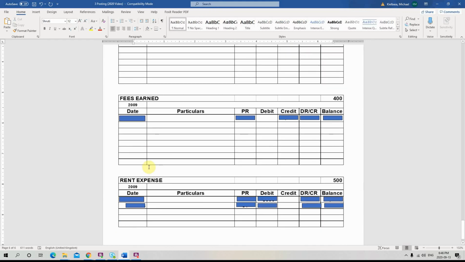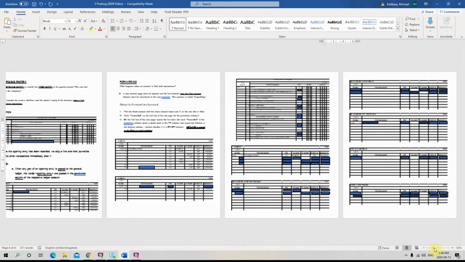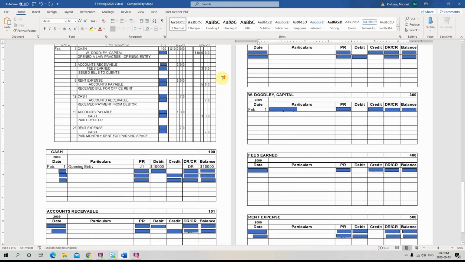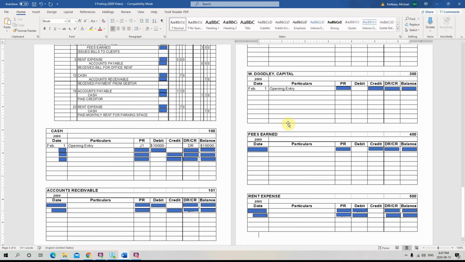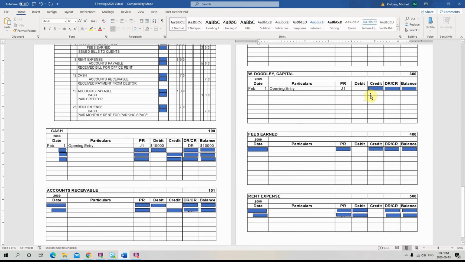So on February 1st, I'm going to reduce the size of this. So we find the capital account, and since it's part of the opening entry that started the company, we're going to write opening entry in particulars, coming from J1, and it's a credit of 10,000.